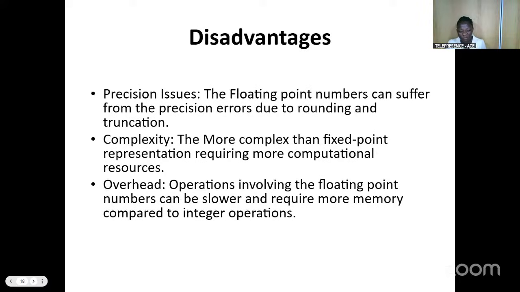Just like dealing with normal integers, numbers with no decimal point, is easier to process than operations involving floating point numbers, that is, numbers with a decimal point. So it will always be slower and require more memory compared to integer numbers.